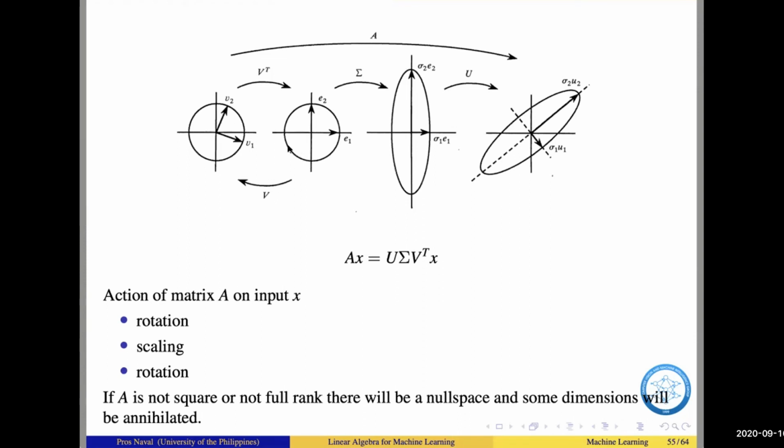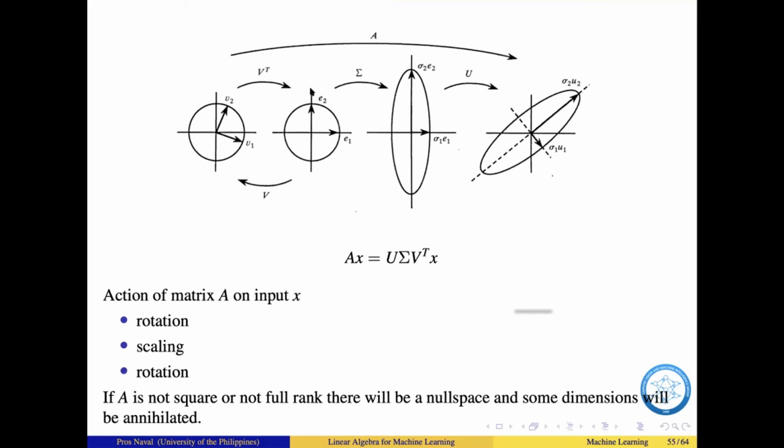It's stretched in this direction because the corresponding singular value is larger than 1, so this becomes longer. And where the singular value is less than 1, it's actually compression. So the resulting object now is this ellipse, after the application of V transpose and sigma.